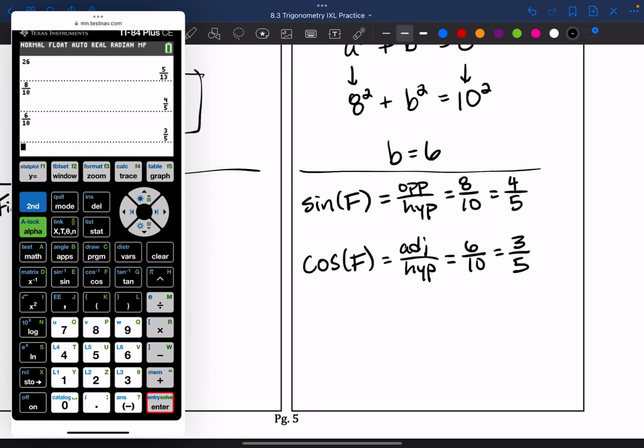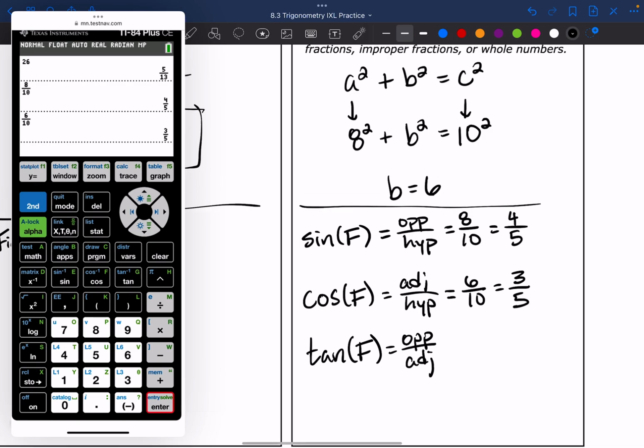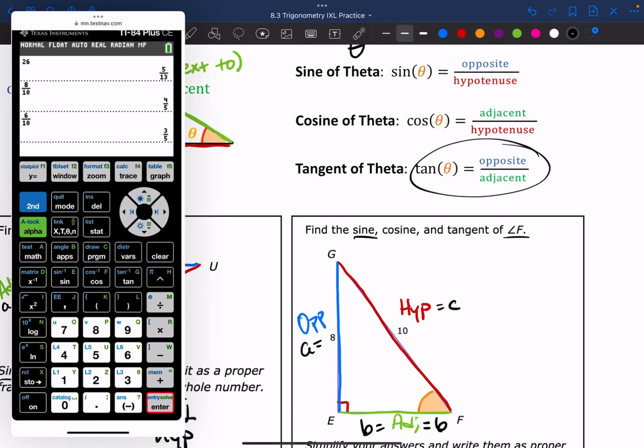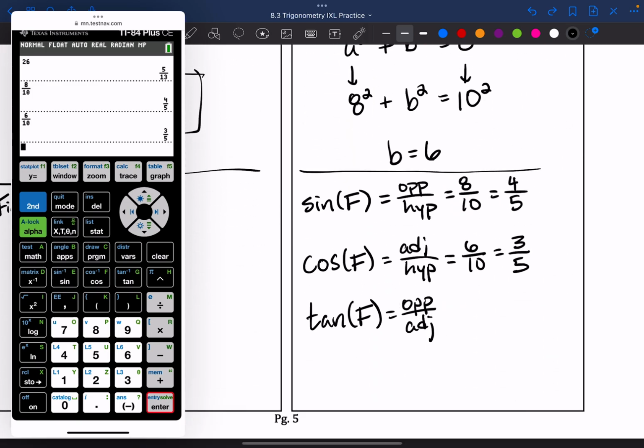Perfect. The last one I need to find is tangent of F. That is the opposite side over the adjacent. I almost made a goof. Always double check. Yes, opposite over adjacent. So what is my opposite?